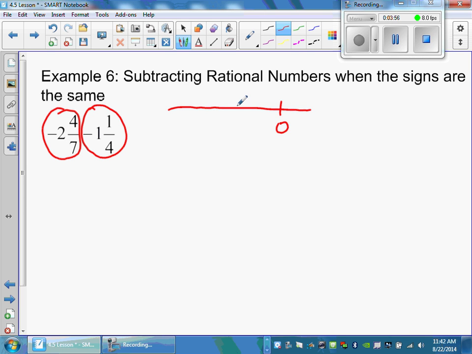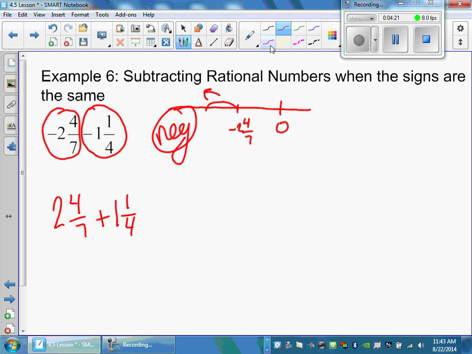We're somewhere down here in the world of negative 2 and 4/7. And we have to move left 1 and 1/4. So we have a bigger, I guess you could say, negative number. So we have negative, so add and keep the sign. We're going to add 2 and 4/7 plus 1 and 1/4, and then end up with a negative answer.